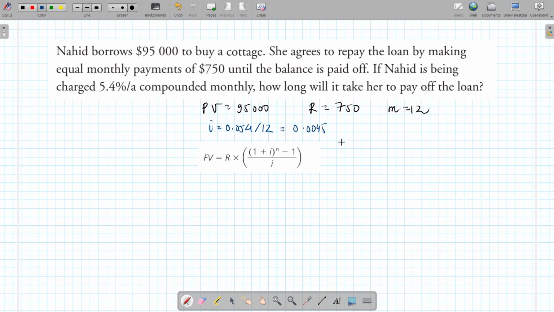What is missing? Our n is missing, right? But remember, we multiply this by 12, like that. So this is what we have.